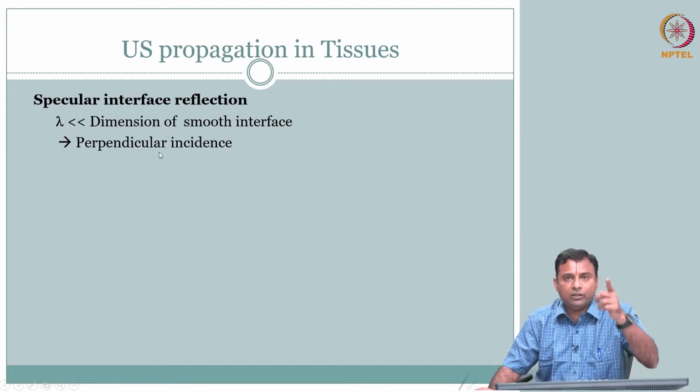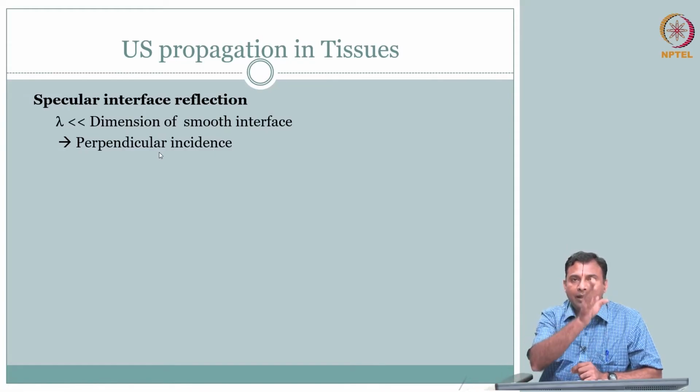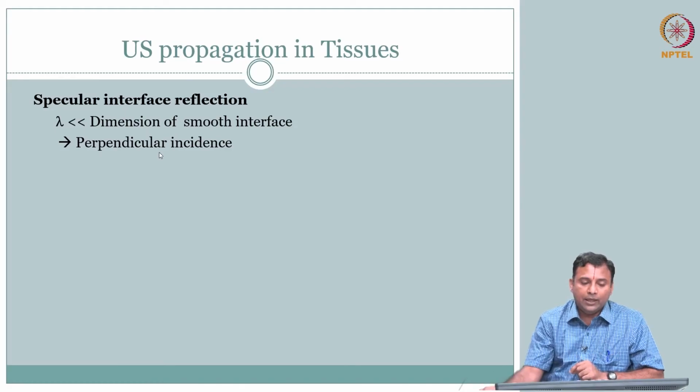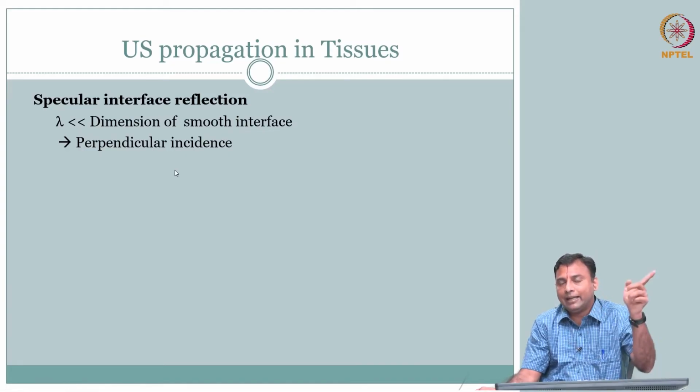The interface that we drew like a line. There was no roughness. Okay, it was a very smooth line that we had. So when the lambda is far less than the dimensions of the smooth interface, we encountered specular interface reflection. So we had theta I equal to theta r.